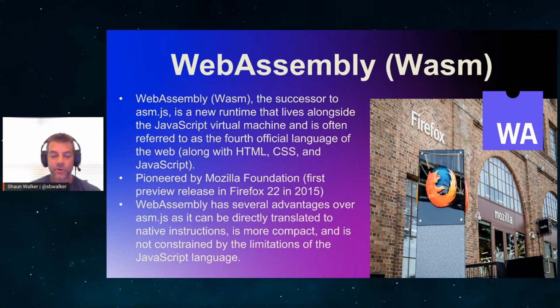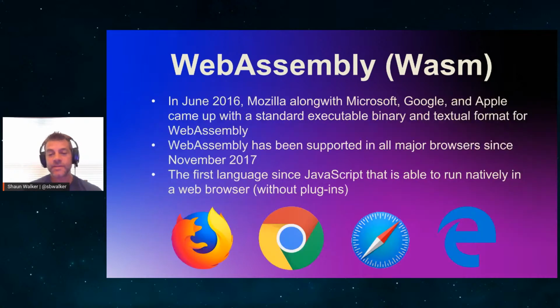it was a more compact format, and it wasn't constrained by JavaScript itself because it didn't have as strong a dependency on JavaScript as ASM.js. So that allowed WebAssembly to gain traction.